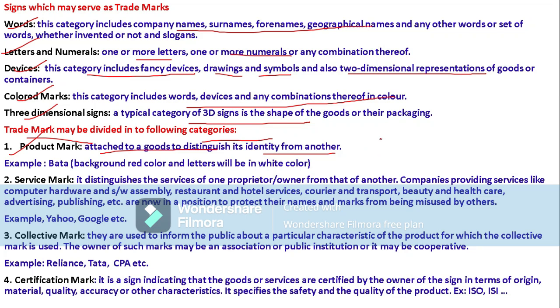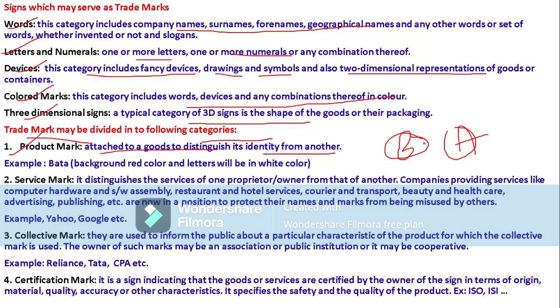So one product differs from another product. If we have two products, for example Bata and Amul, those two products differ in their identity. A distinguishing feature will be there.